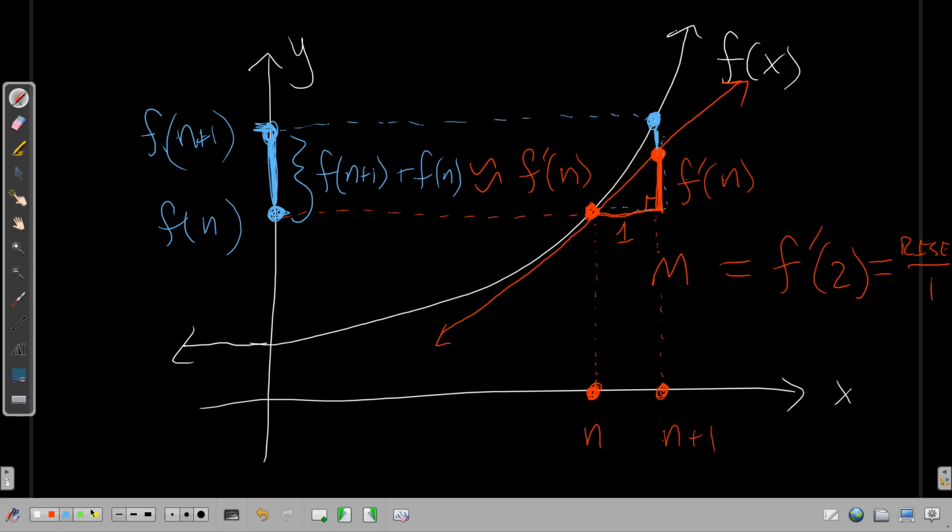What would that rearrangement be? It would just say that f of n plus 1, which is this number, is approximately f of n plus f prime of n.